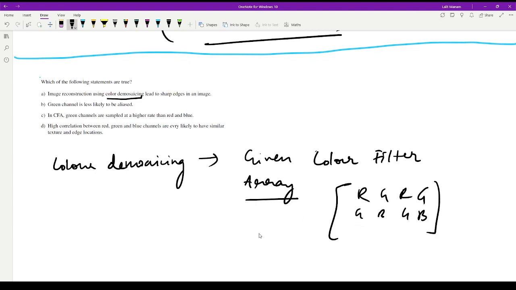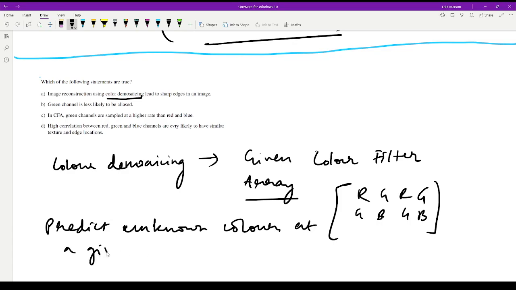If you are given values like this, what do we want to do? We want to estimate the unknown colors at a given pixel. There is no prediction, just estimation. That's all we need to do.